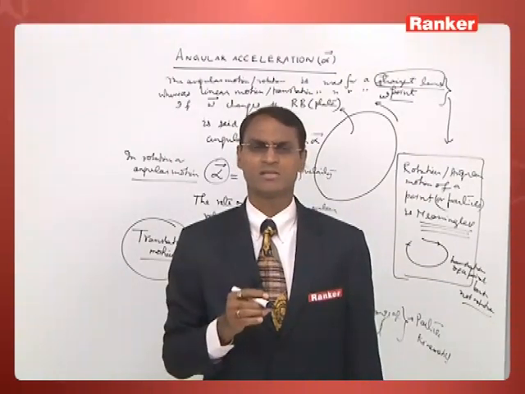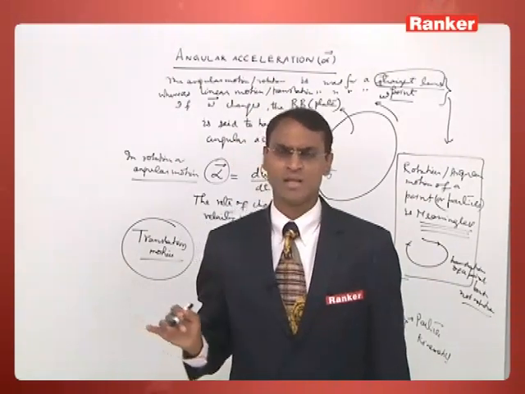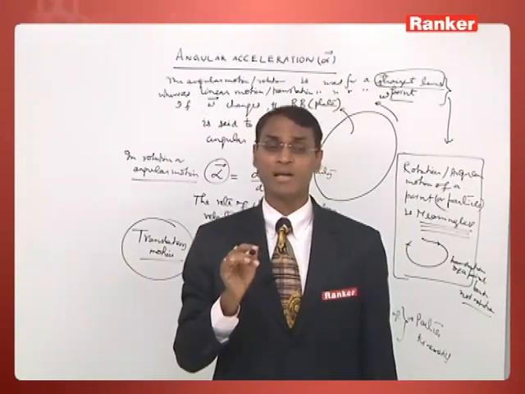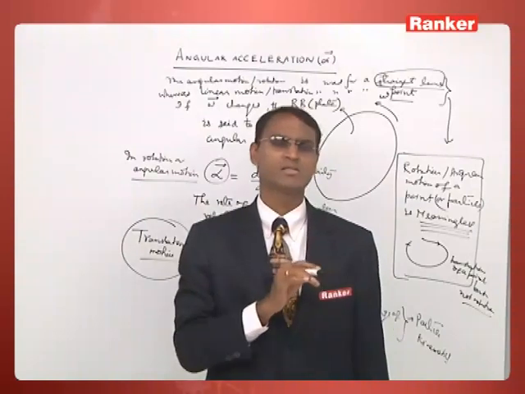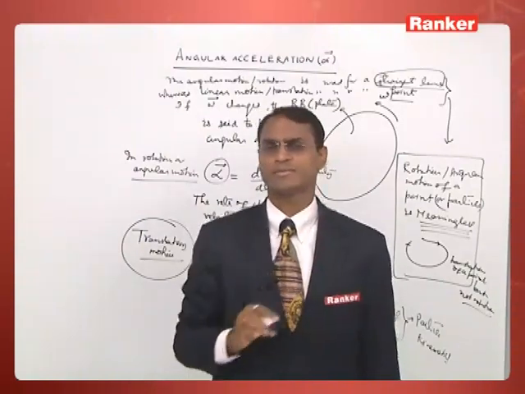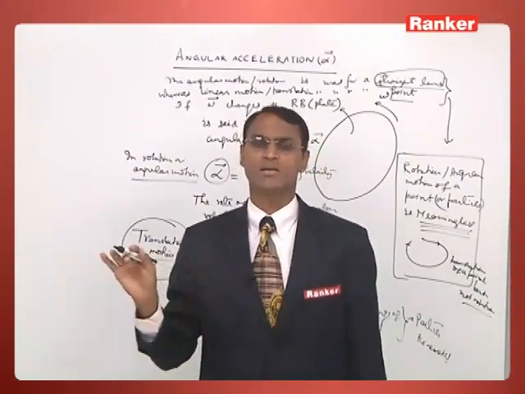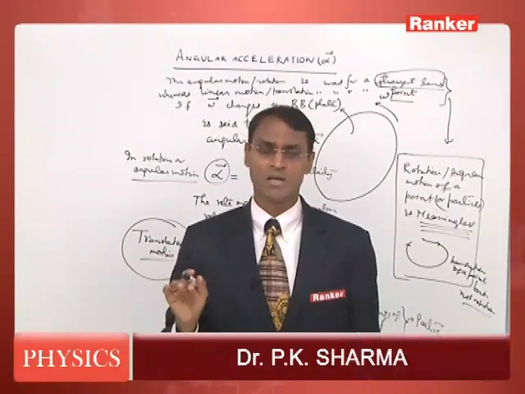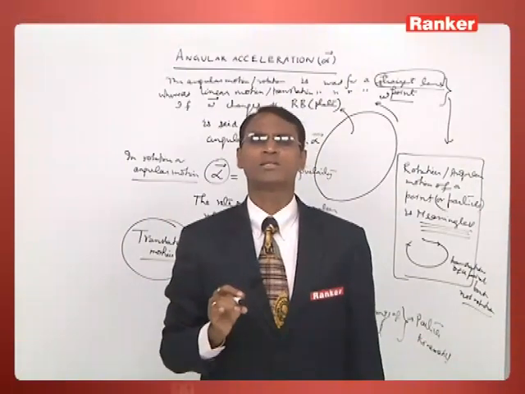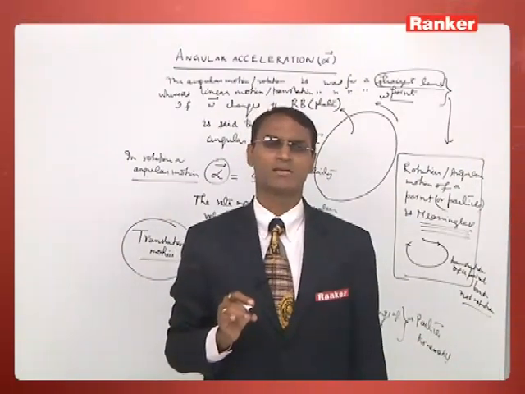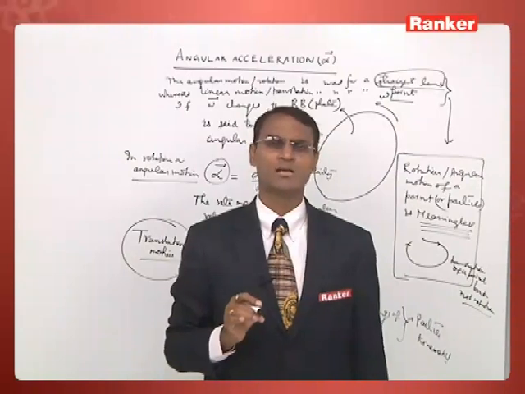This is meaningless. So the motion of a particle or the point mass or a point is not rotation. Then what is this? When the point moves in a circle, you may think that it is rotation. It is not rotation. It is a circular motion.